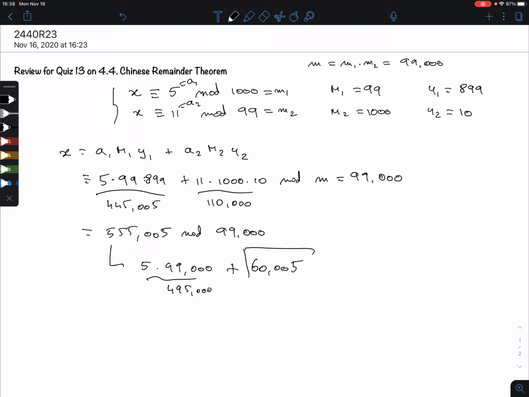So the solution is this number. Okay, so this is equivalent to 60,005 mod 99,000. And the Chinese Remainder Theorem says there is exactly one solution of this system that is between 0 and 99,000 minus 1. Okay, and that's the solution, 60,005.